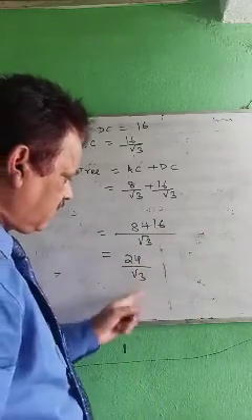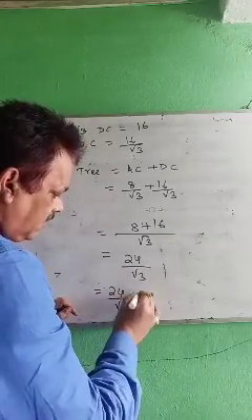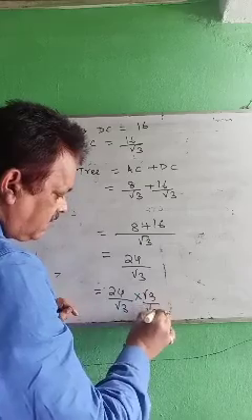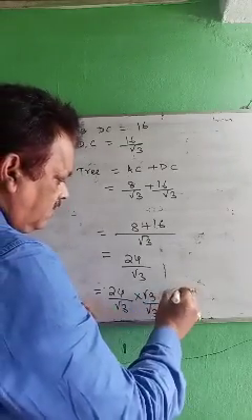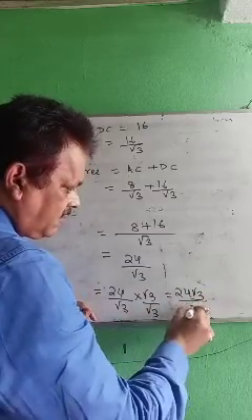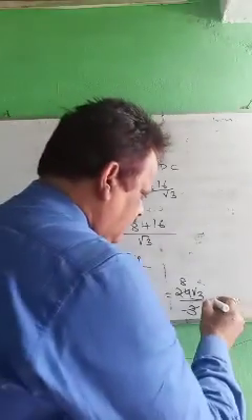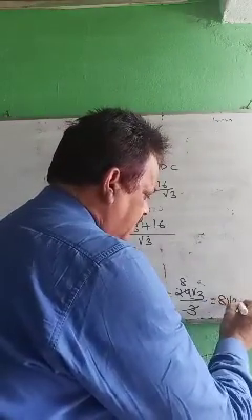Now rationalize: multiply root 3 in the numerator and denominator. This becomes 24 root 3 divided by 3. Cancelling, that is equal to 8 root 3 meters.